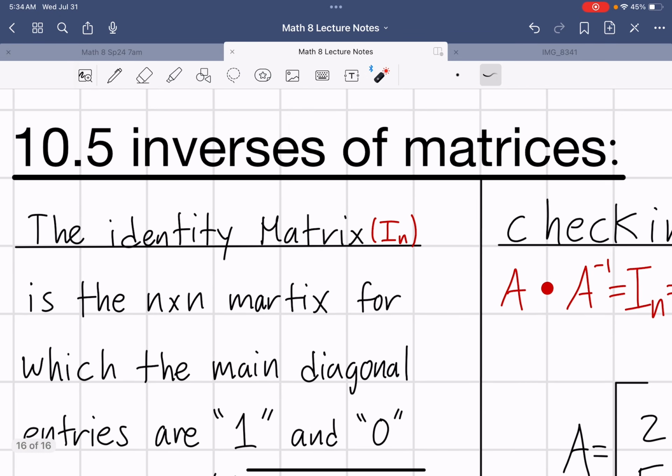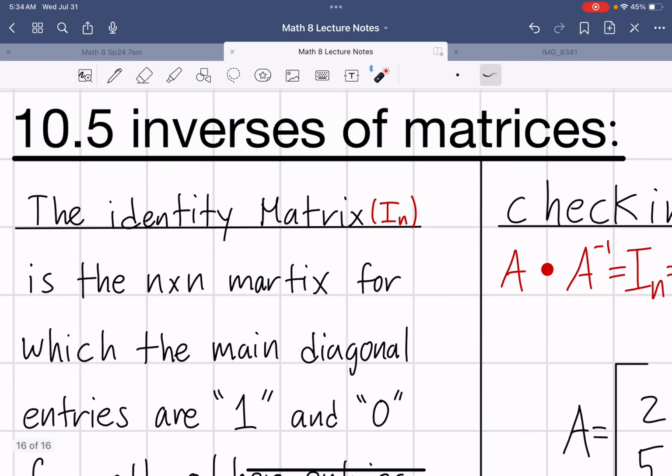for matrices. So matrices do have inverses, and they also have an identity. For functions, to have an inverse we need a one-to-one function, and the operation in there was composition. For the additive identity, of course, it's addition. For the multiplicative identity, it's multiplication.